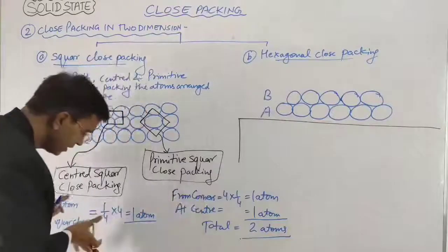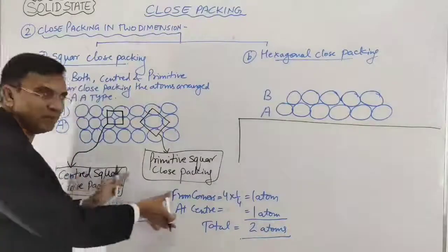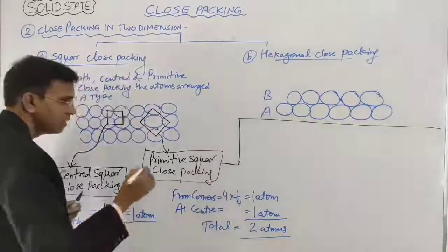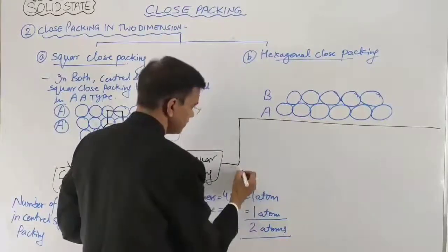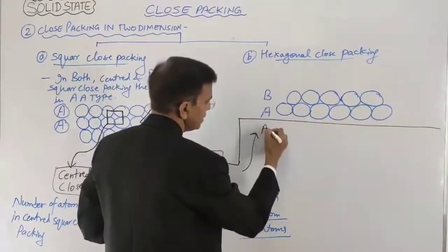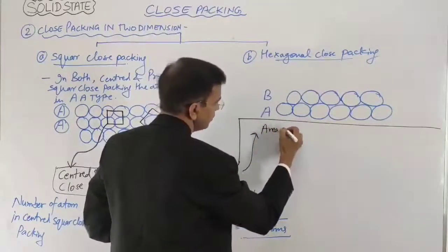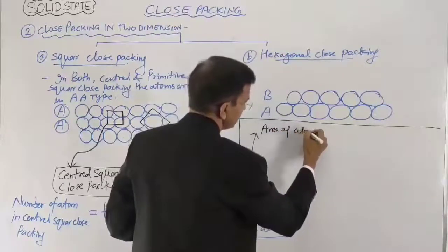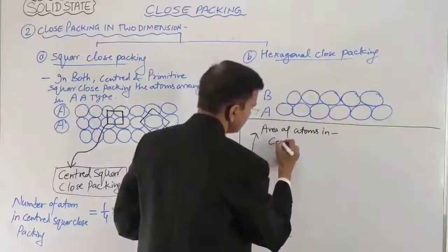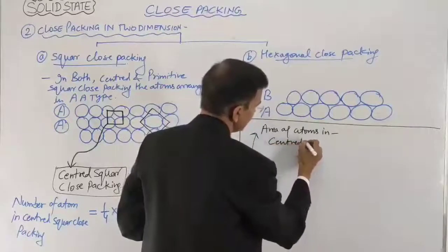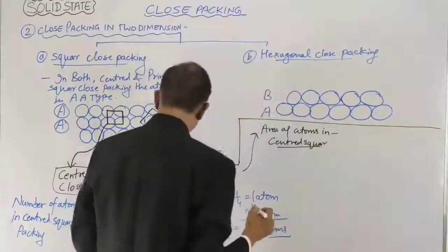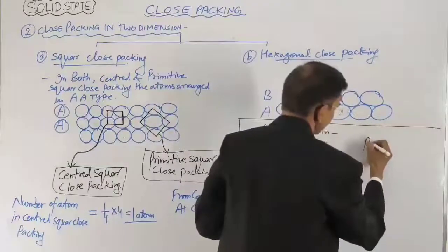First complete this one, the centered square and primitive square. So here is the number of atoms, here the area of atoms in centered square, and here is the primitive square.